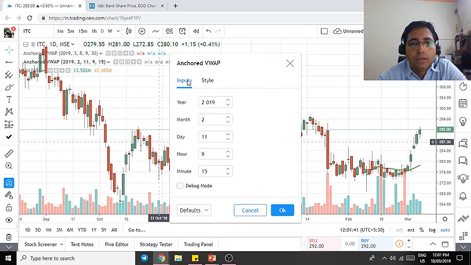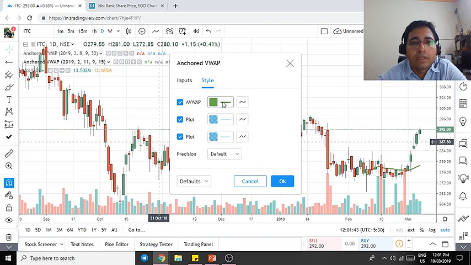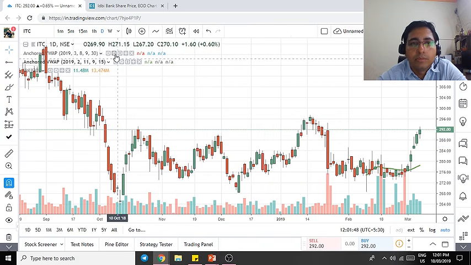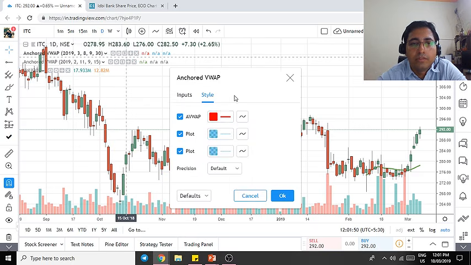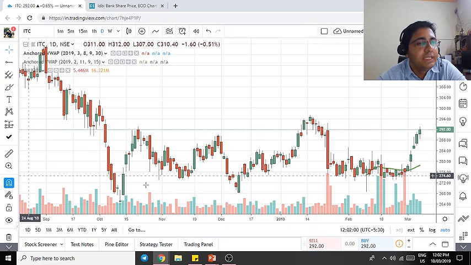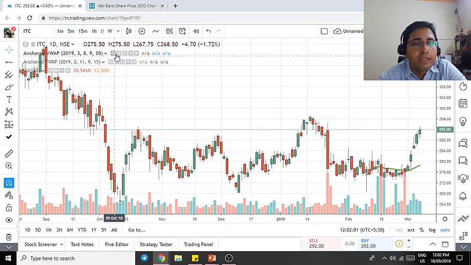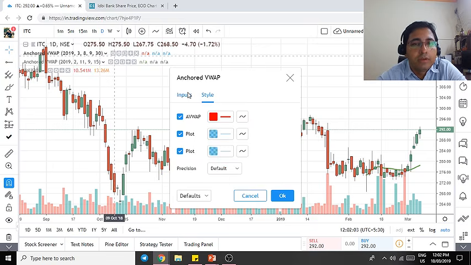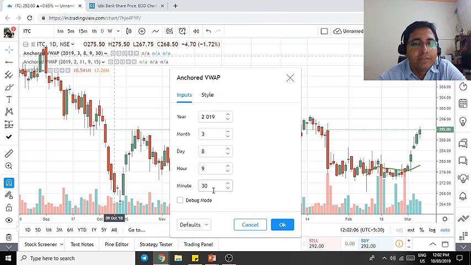Go to Style. For the one you draw from below, provide green as the color. For the one you plot from upside, multiple VWAPs, provide red as the color. So that problem is solved. If you're not able to see the anchored VWAP line, you must have made a mistake in the input. Provide 9:15 as the starting point if you are taking a daily chart.